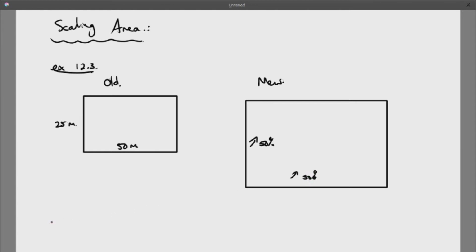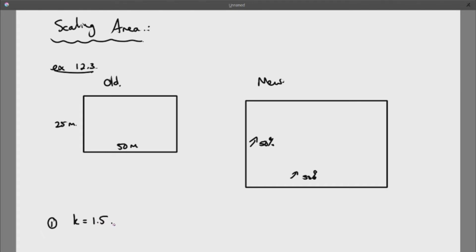First of all, what is the scale factor that I'm actually going to use to find the new side lengths? When they say an increase of 50%, what is the scale factor that we use? 1.5. All right.